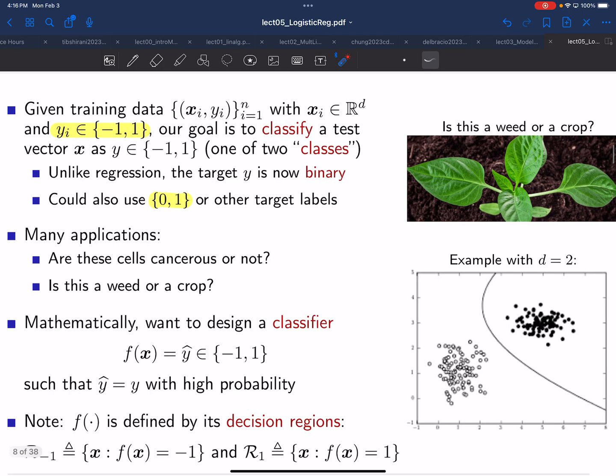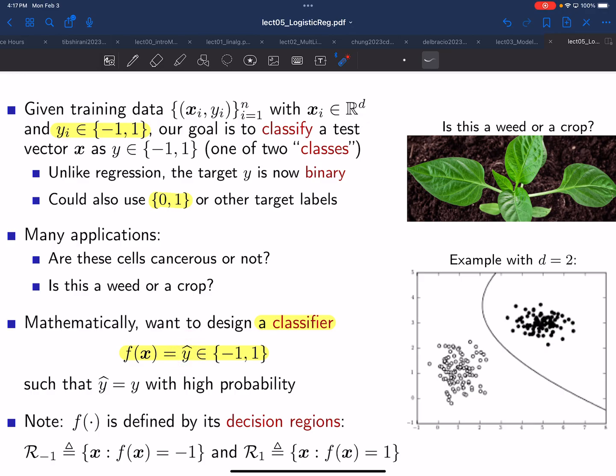So one way to think about this is that we want to design a classifier. A classifier in this case would be a function that takes in a feature vector x and produces an estimate of the label y hat that is either going to be 1 or -1. No other answers are allowed, right? It needs to be 1 or -1. Now, if the true target is also 1 or -1, either it's going to agree with y hat perfectly, or it's not going to agree.